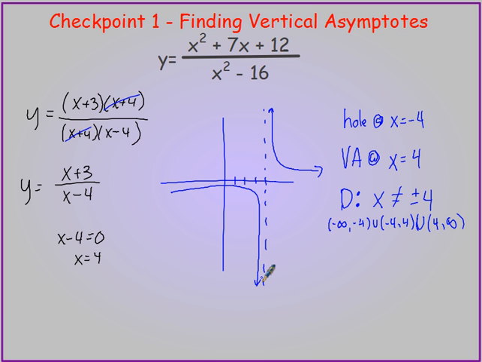But here, in the real world, basically, here, at 4, it would look like this. Literally a hole. Because look at your domain. Doesn't it exist that way too?